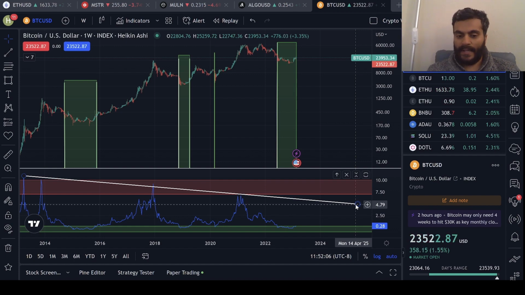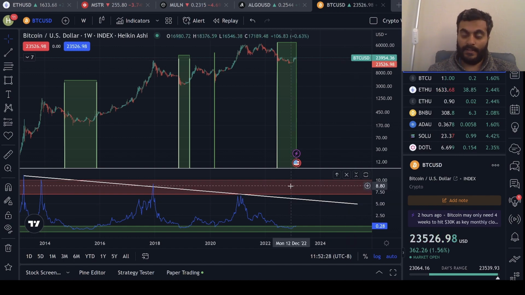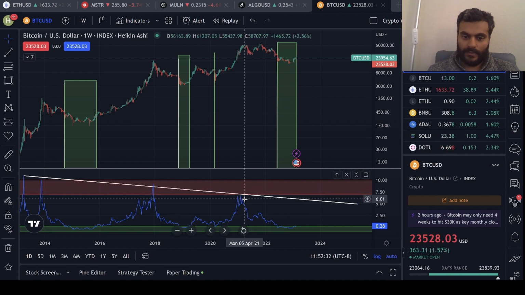So just at that point, if we see a surge in the Z-score around 4.8 or 4.5, we might be in a better position to say that this might be a peak for Bitcoin, because as you can see, these bands, especially the red band, did not provide a signal for market participants in the last cycle.